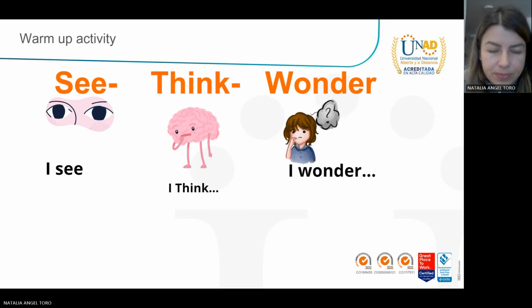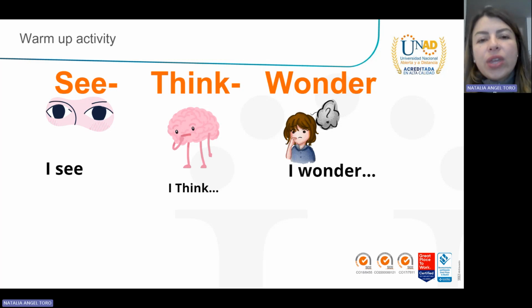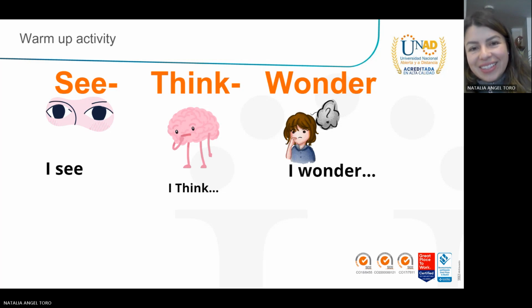Okay. Well, first, I see a woman, a dog, and I see that she is kissing the dog. Excellent. What do you think based on the picture? Well, I think the woman loves the dog very much, and the dog is pretty good. I see the dog is not resisting.